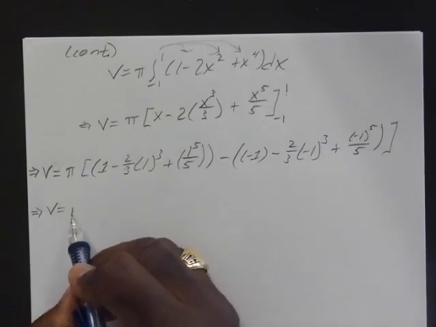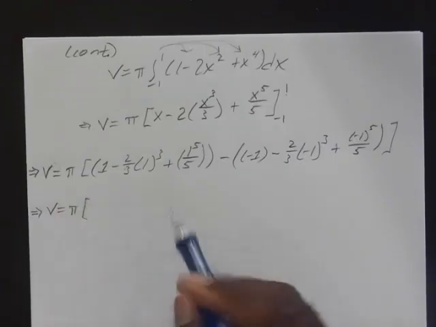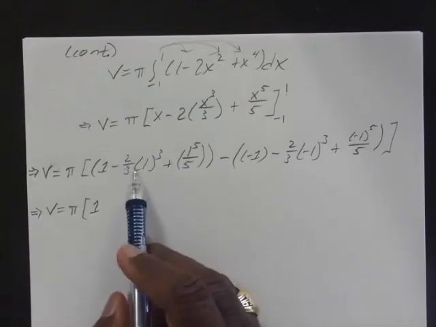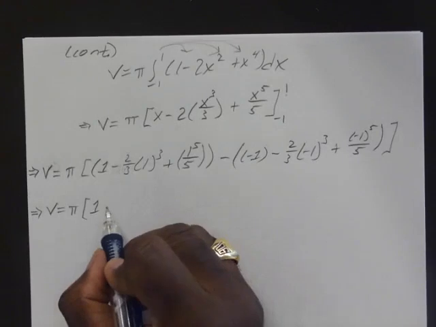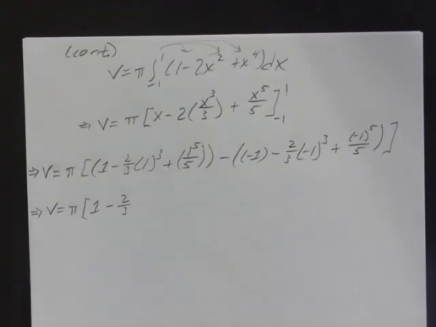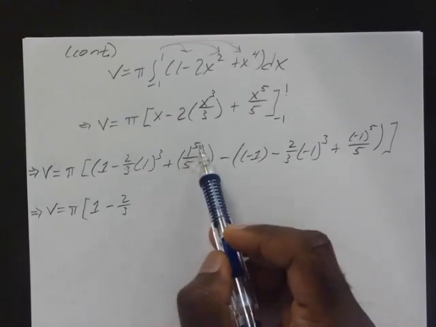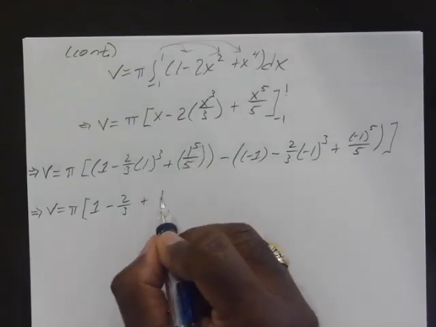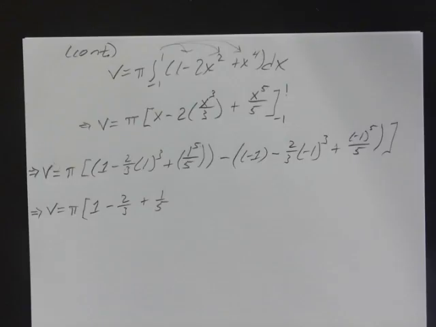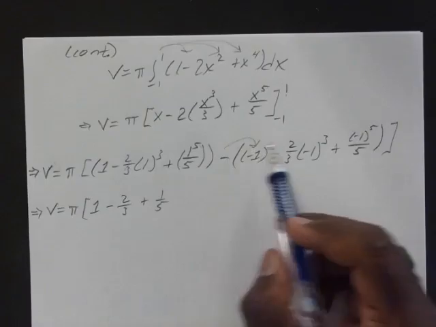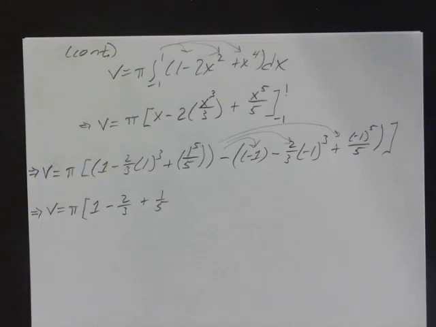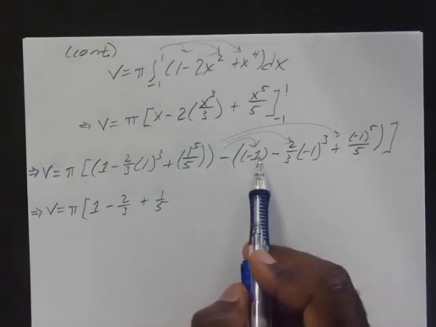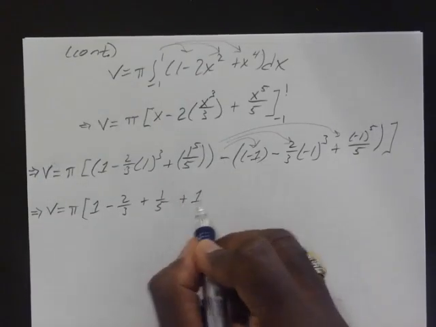Okay, so we know that our volume is equal to pi times 1. Well, 1 to the 3rd power is 1, so that's just 1 times -2/3, which is -2/3. 1 to the 5th power is just 1, so that's just plus 1/5. You have minus, so we can go ahead and distribute that negative to each term. You have -1, distribute that negative, it becomes +1.